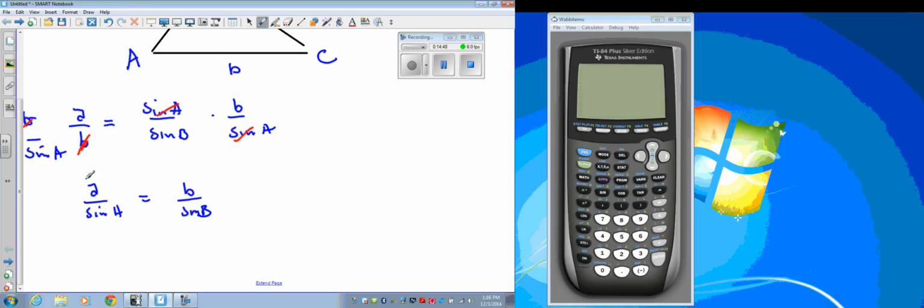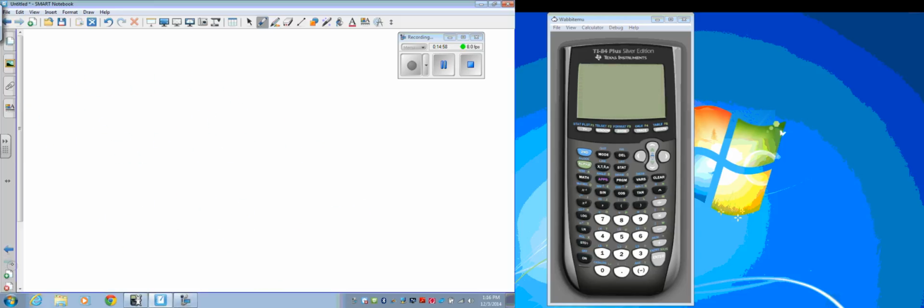All right. Now then, 3 and 4, it says find the length of side A. Do not use a calculator. Now what I'm going to do is show you the way I'm gonna express this. I'm just gonna go A, B, C, little a, little b, little c.